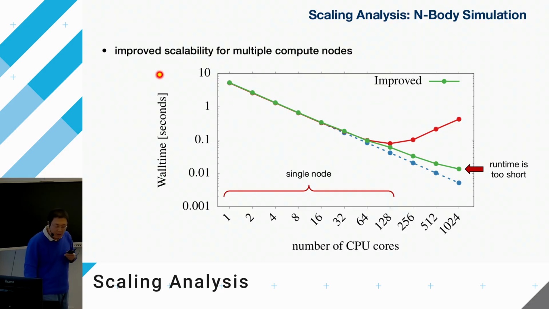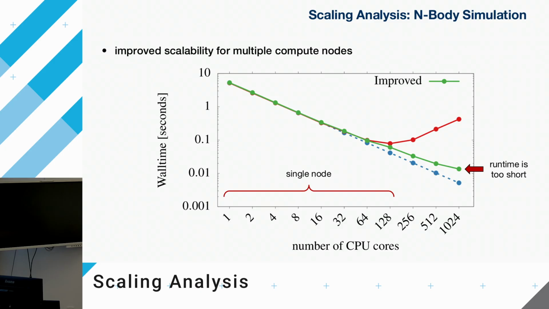Let's say, after some consultation or studying together, we really improved the scalability of the code. Now you will see that the improved measurement, this green line, is almost identical to the blue line, up to 1000 CPU cores.